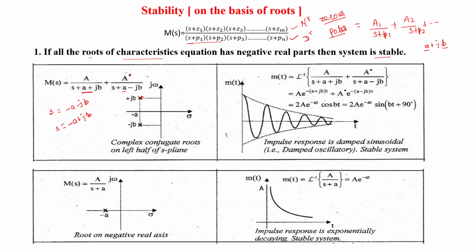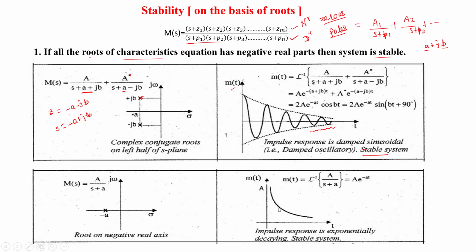That is the left side of the S plane. When it is on the left side of the S plane, it represents a stable system. That is the time domain representation. In the time domain, we have to take the Laplace inverse of this, and finally it is plotted here. So what we are seeing is that the system is going to become stable. So here we have a stable system.